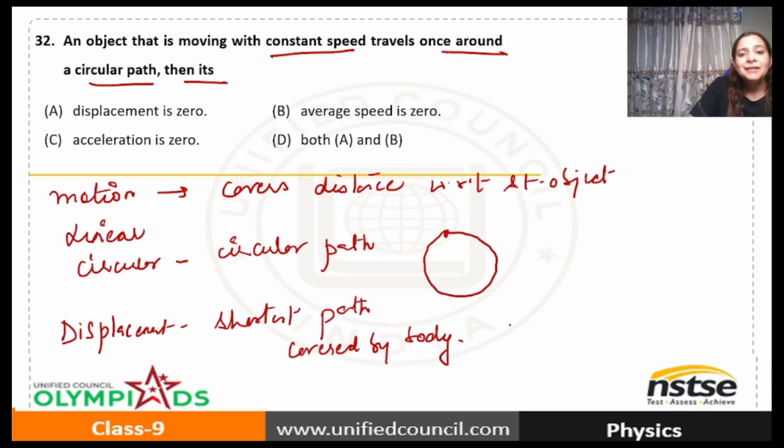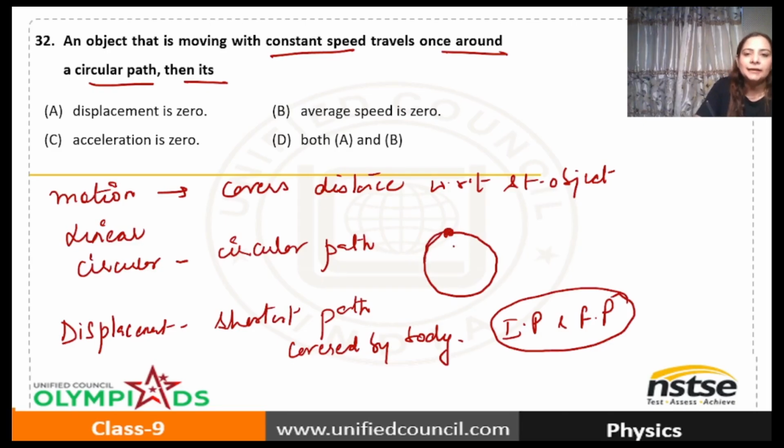Displacement is 0 when the initial position and final position are the same. Here the body starts from here and ends at the same point, therefore for this case, displacement is 0.